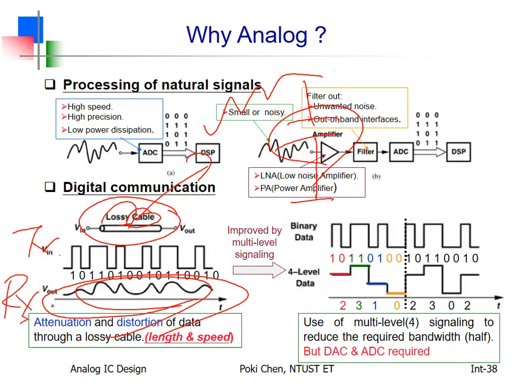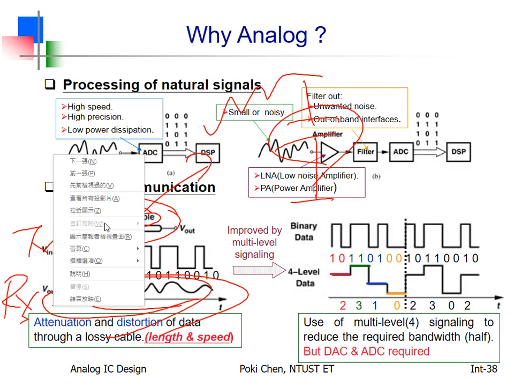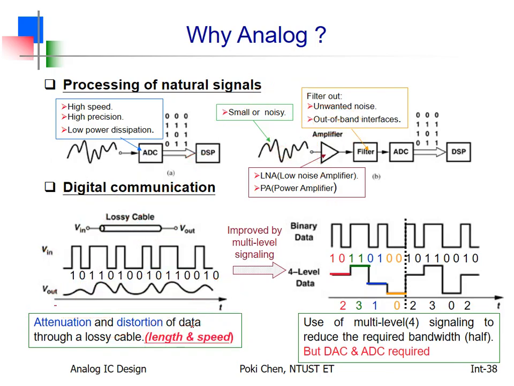Can you get something? No, only nothing. So what is the problem about wired communication? According to the resistance and capacitance inside, you cannot transfer too far, or you cannot transfer too fast. That is the problem. All right?